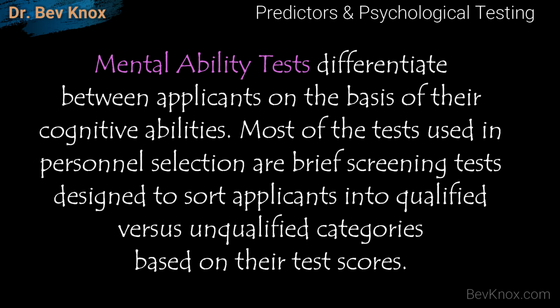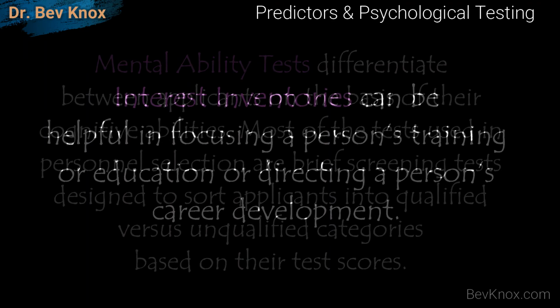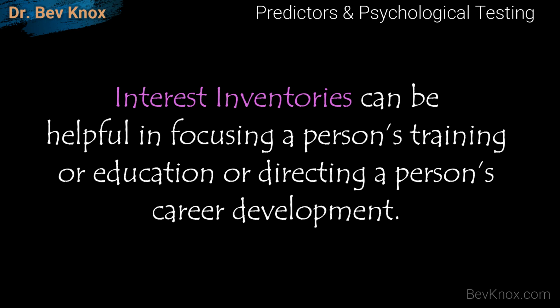Most of the tests used in personnel selection are brief screening tests designed to sort applicants into qualified versus unqualified categories based on their test scores. Interest inventories can be helpful in focusing a person's training or education, or directing a person's career development.